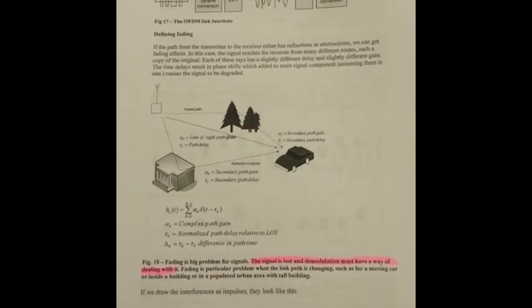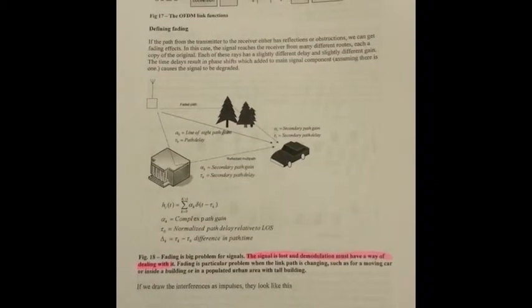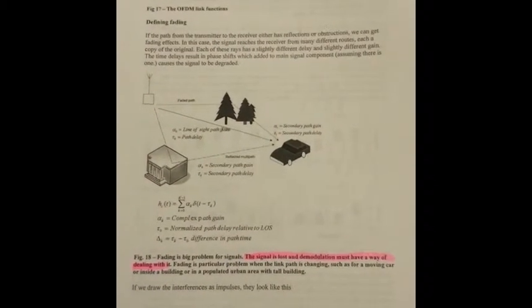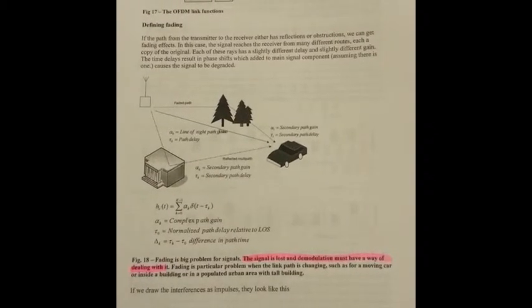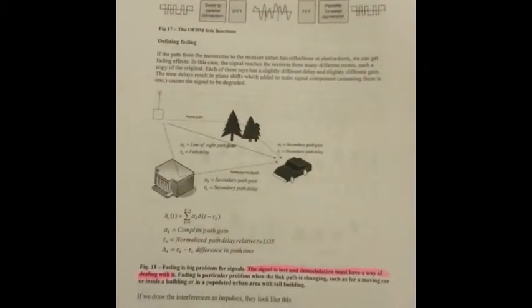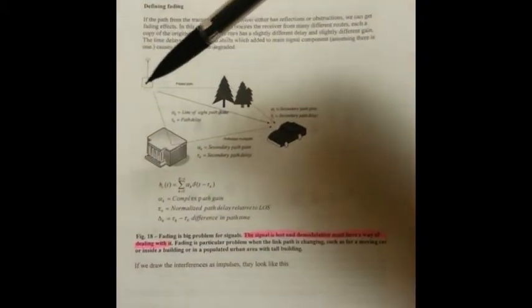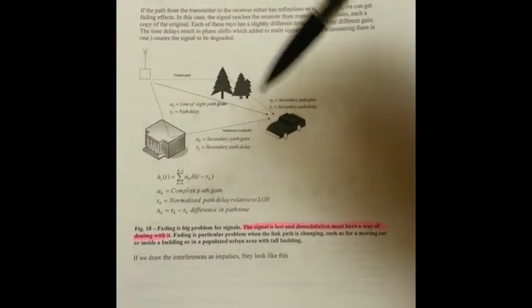An important thing that OFDM strives to take care of is the idea of fading. Fading is the loss of signal from the transmitter to the receiver as it goes from one place to the other. So it'll go either straight to the receiver or bounce off a building or a tree or whatever.